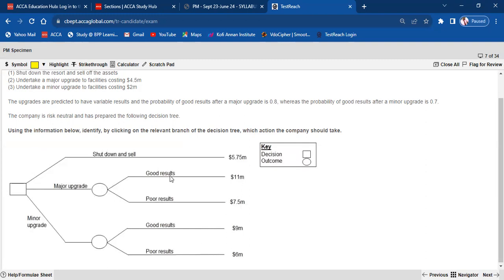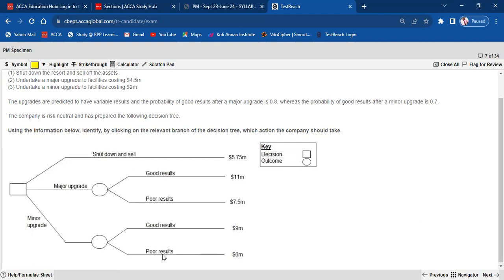So that makes this question a bit different from the one I saw with you one moment ago. Major upgrade, good result 0.8. So poor result will be what? 0.2 to make it 1. Minor upgrade, good result 0.7, poor result will be 0.3.